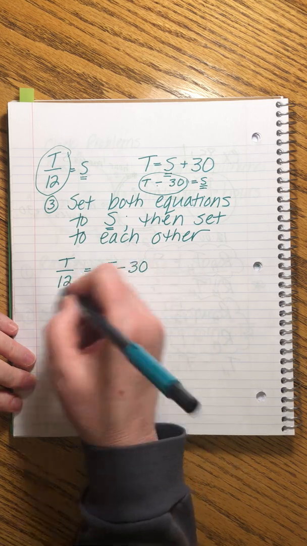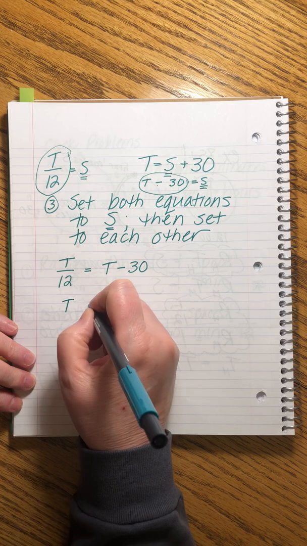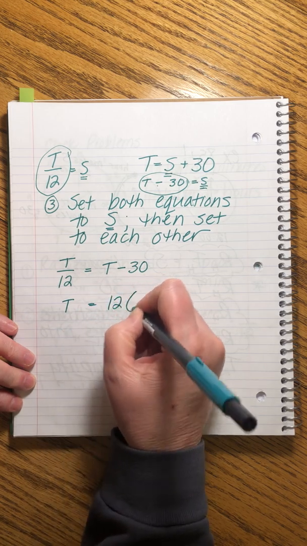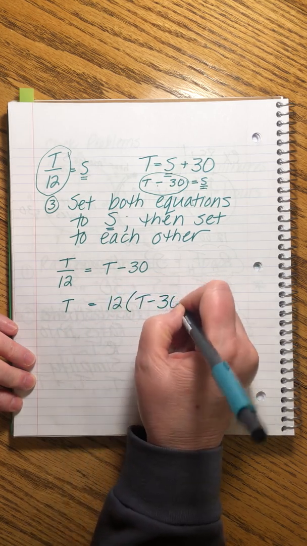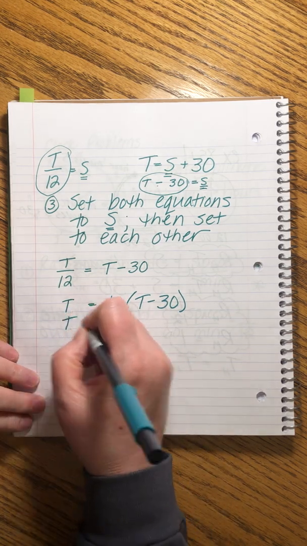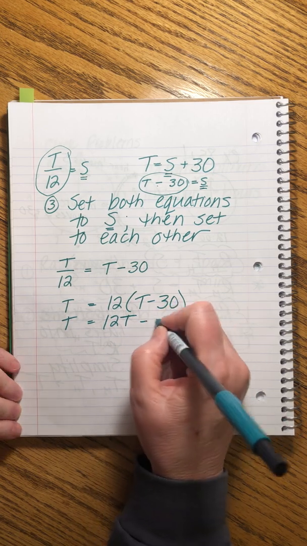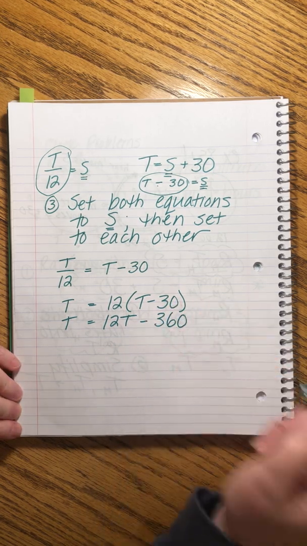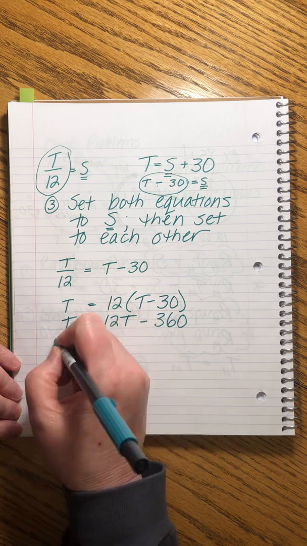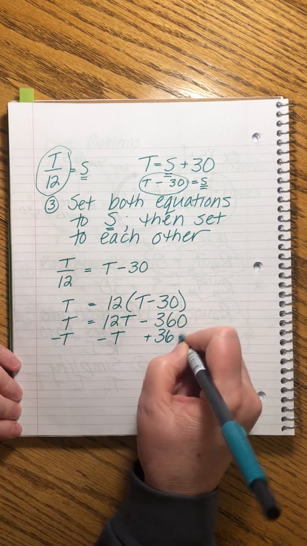So we will cross multiply, and we will get t equals 12 times t minus 30. And let's see, let's bring this t this way, and let's add 360 to both sides.